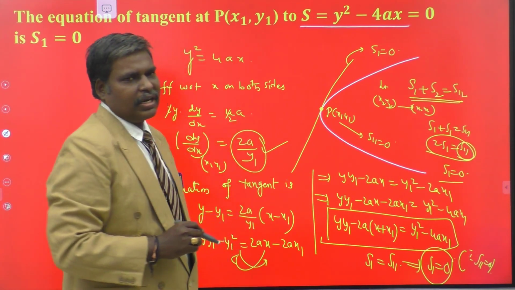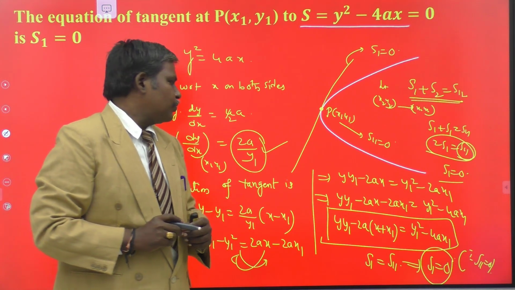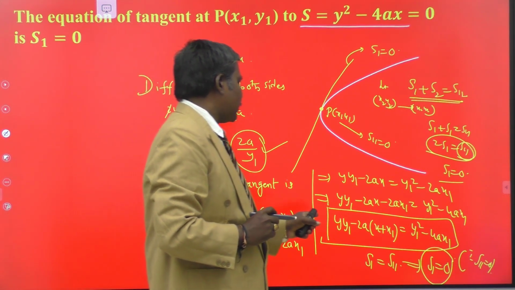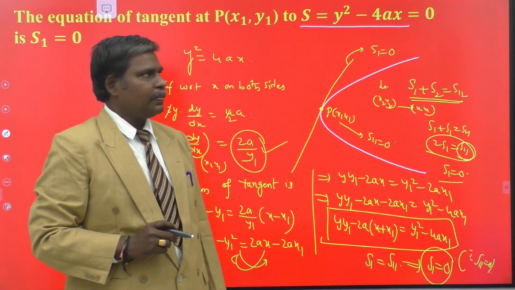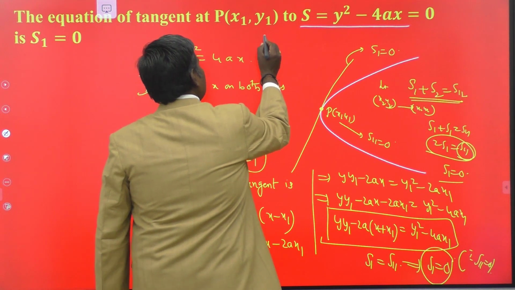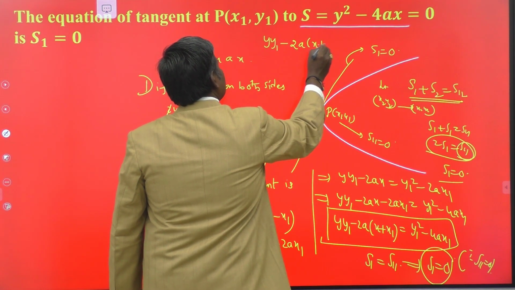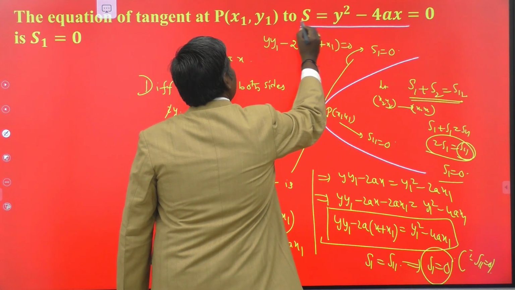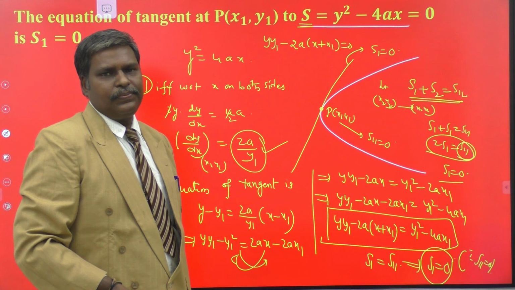Here the point of contact is also known to you. So S1 = 0. What is S1 for y² = 4ax? y1y - 2a(x + x1). So the tangent equation is y1y - 2a(x + x1) = 0, for S = y² - 4ax = 0.